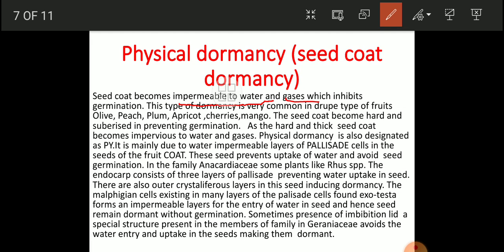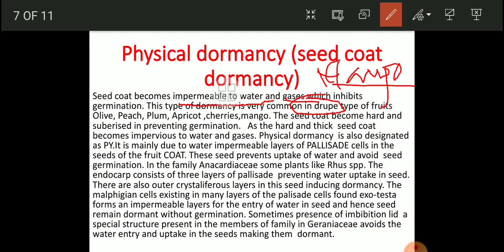This type can be found in drupe plants, like mango. Keep in mind, the fruit of mango is a single-seeded fruit. If we take out that seed, it is a hard stony seed, so the seed coat prevents the entry of water and gases up to the embryo.